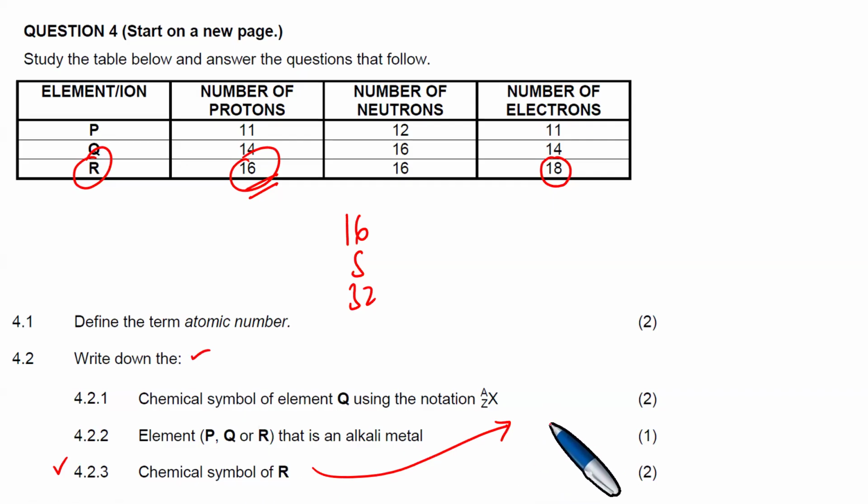The chemical symbol for 4.2.3 is going to be sulfur 2 minus. Why? Because the protons are 16, but the electrons are 18, so they are 16 plus 2. These electrons are 2 more, and therefore it's sulfur 2 minus. Okay, we look at the next one.